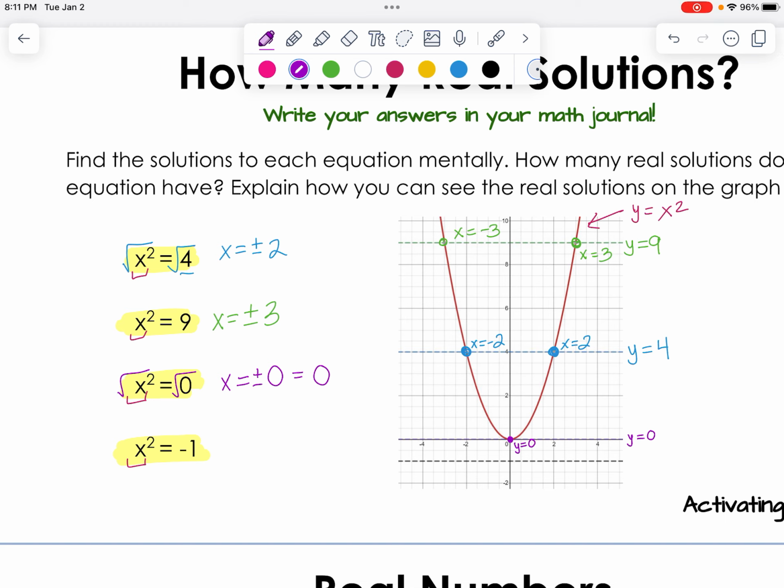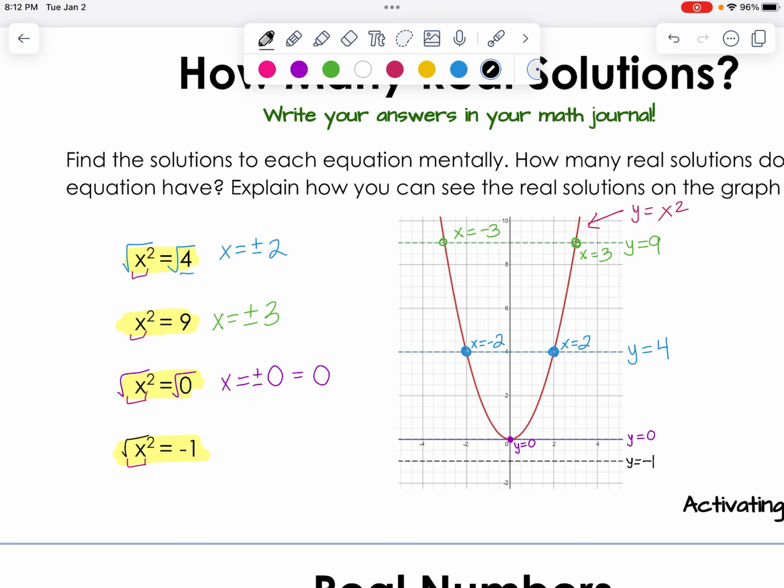But now we've got our very last one, x squared equals -1. And the line y equals -1 is this line right here. But I'm running into a problem on the graph, because this line doesn't intersect the parabola. So where are my solutions? Let's try to solve it algebraically.